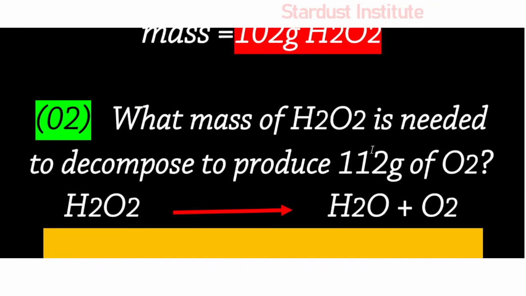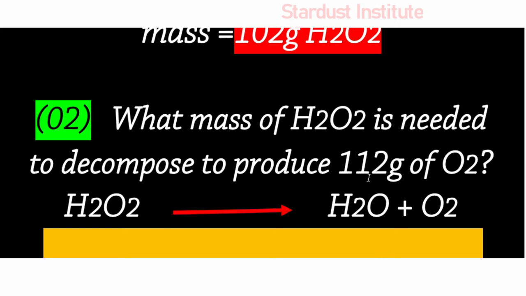What mass of hydrogen peroxide is needed to decompose to produce 112 grams of oxygen? Here also we have been given grams of oxygen, 112.